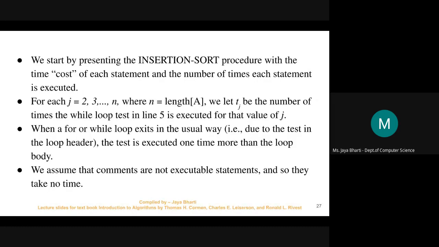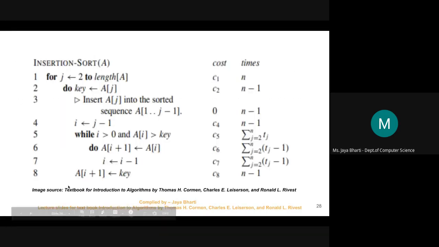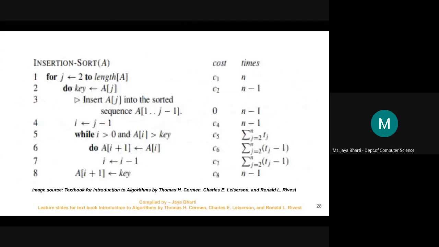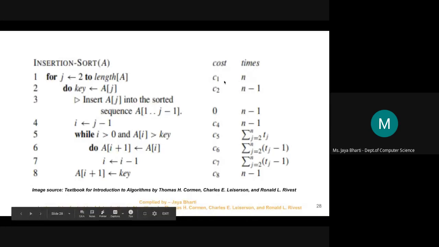If we have run it n times, it will run n plus 1 times. The plus 1 is for the false condition. So the test is executed one more time than the loop body. We assume that comments are not executable statements, so they take no time. So this is the pseudocode, and the cost of each step is given there.